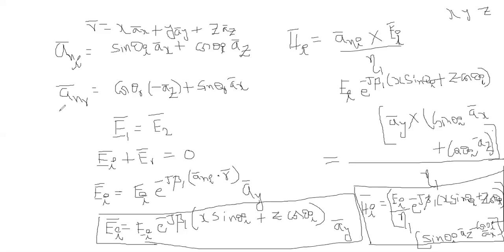So ER is equal to, let us see that also. ER bar is equal to, the magnitude is ER, and e power minus j beta 1 into ANR bar dot R bar along the direction of AY. Along the direction of AY only. What is the ANR bar equal to?